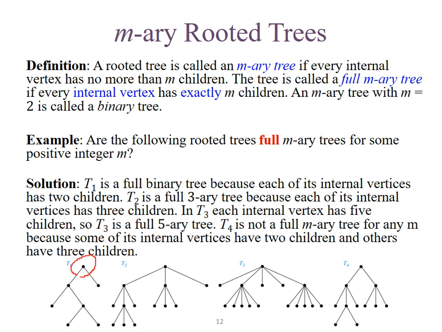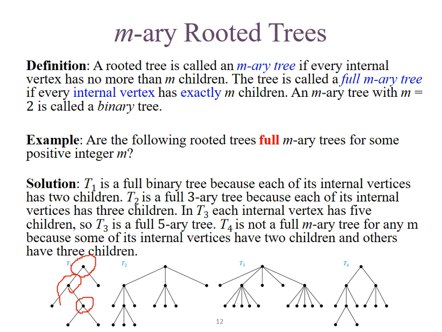Okay, so these are the internal nodes, this one and this one. The first internal node has 2 children, and then 2 children, 2 children. So if every internal node has exactly 2 children, then we call this a full binary tree.